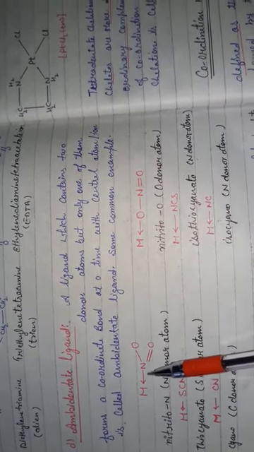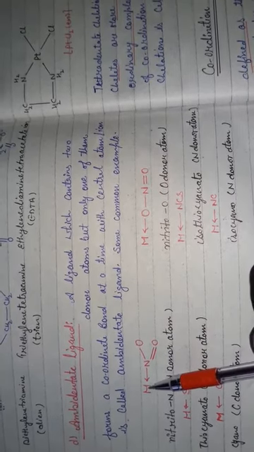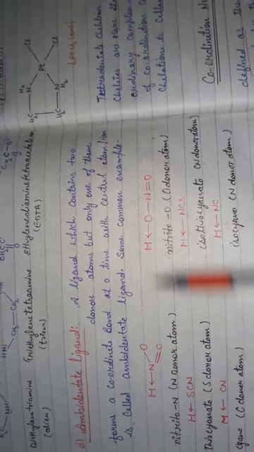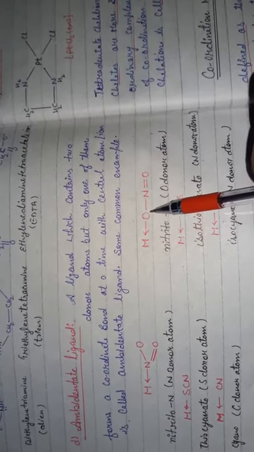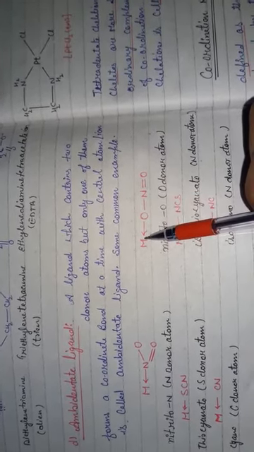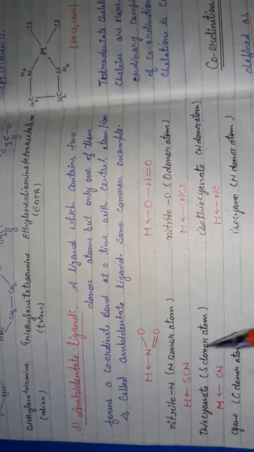Here, for example, in the nitro group, nitrogen donates electrons to the central metal atom, and similarly the oxygen atom is also a donor atom that can donate electrons to the central metal atom. That's why it is called an ambidentate ligand.